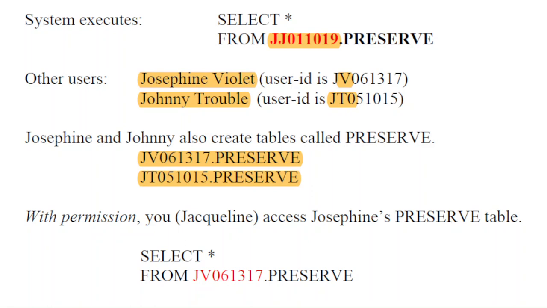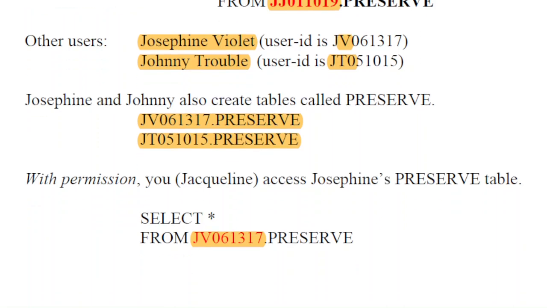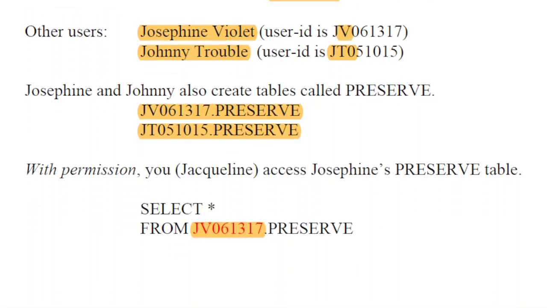So be it. When they select data from their preserve table, the system puts their unique ID in front of it and all goes well. With permission, however, you, being Jacqueline, could access Josephine's preserve table by specifying her user ID in front of the preserve table. How you get this permission, we will not discuss.